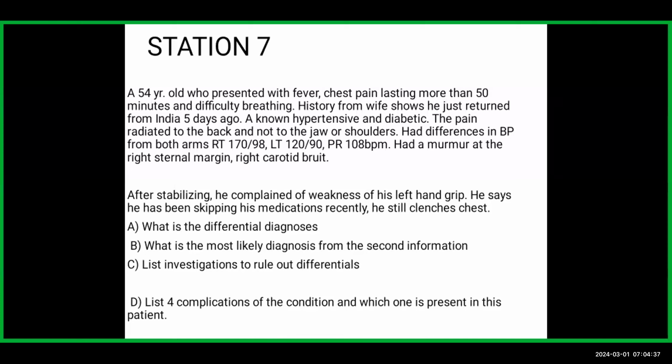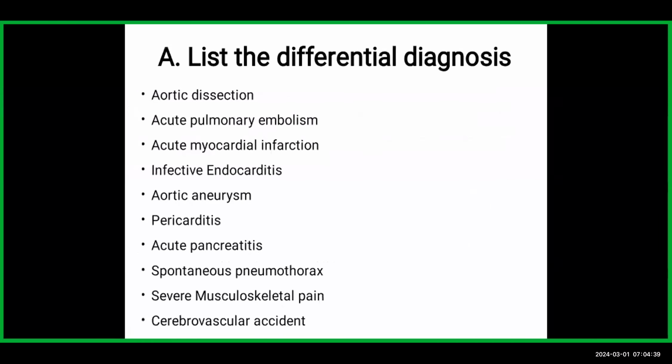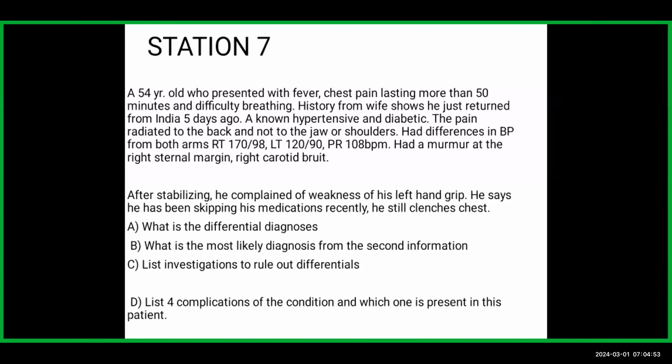A very close differential will be acute pericarditis. Infective endocarditis is also a very close differential for this patient. Why? This patient had fever. There was also a history of a murmur, though they didn't specify whether it was a new murmur. When you have fever and a new murmur, you always want to suspect infective endocarditis until proven otherwise.